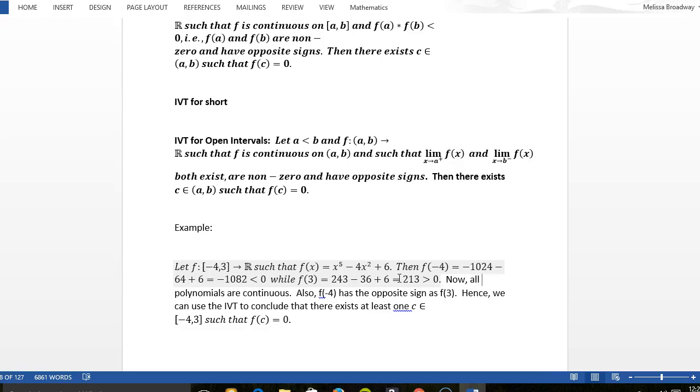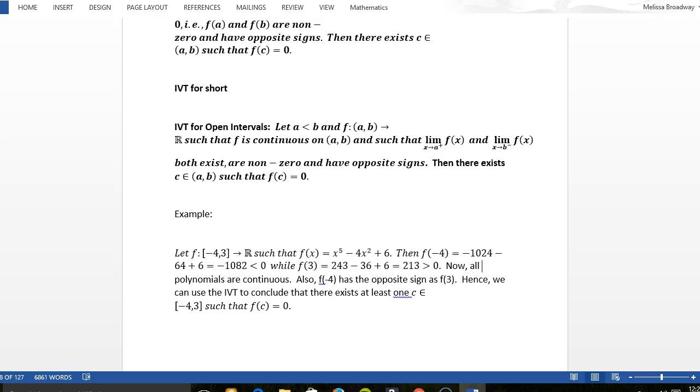So if you're continuous and you're above the x-axis at one x-coordinate and below the x-axis at another x-coordinate, somewhere in between you're going to have to cross the x-axis because you're continuous. There's no cheating or teleporting or anything like that. And by teleport, I mean discontinuity, by the way. But anyway.